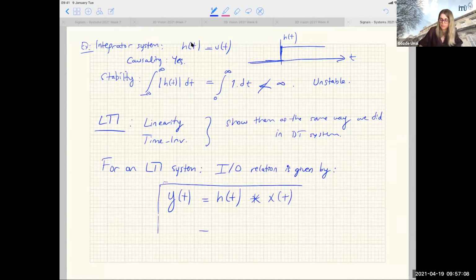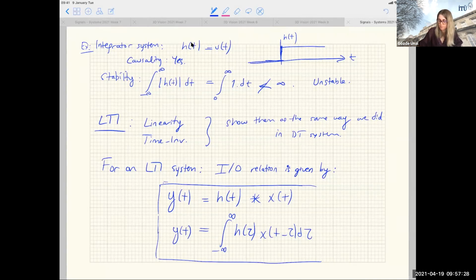This is minus infinity to infinity, either h, the properties will be the same. It's either h of tau x of t minus tau or x of tau h of t minus tau. So this is equivalently the convolution integral.